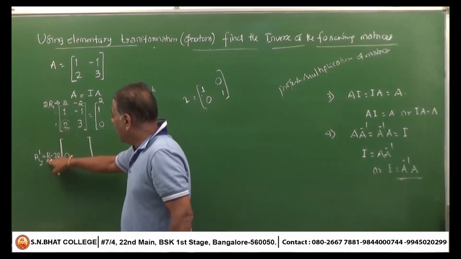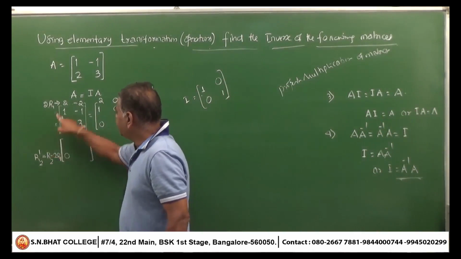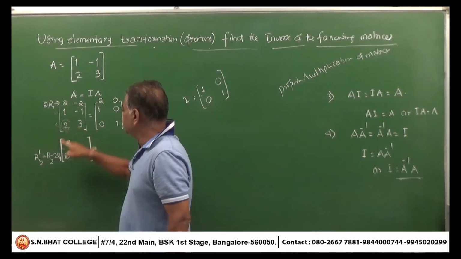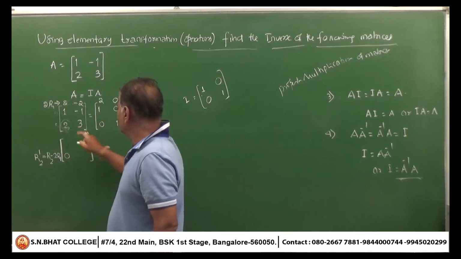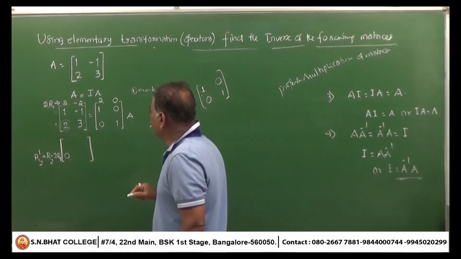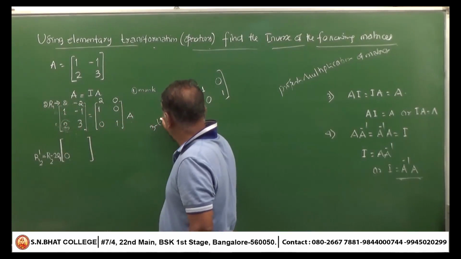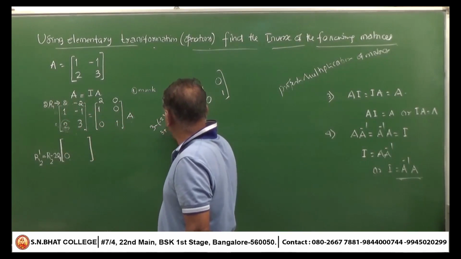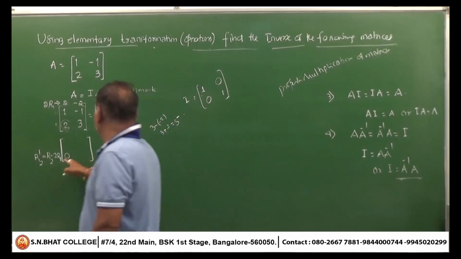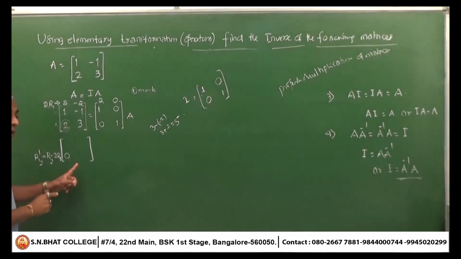R2 dash is R2 minus 2R1. 2 minus 2 is 0. Next, 3 minus of minus 2 is 3 plus 2, that is 5. You have to write it in R2 only, not other row.